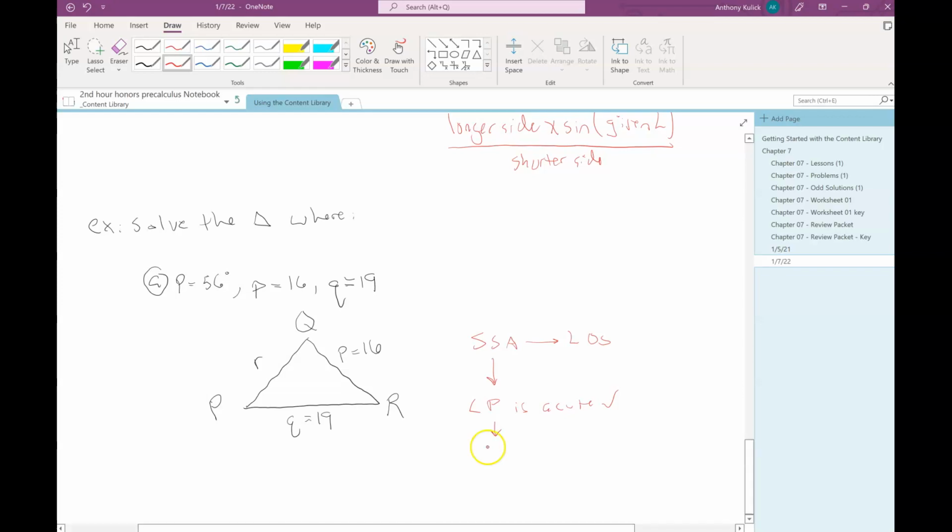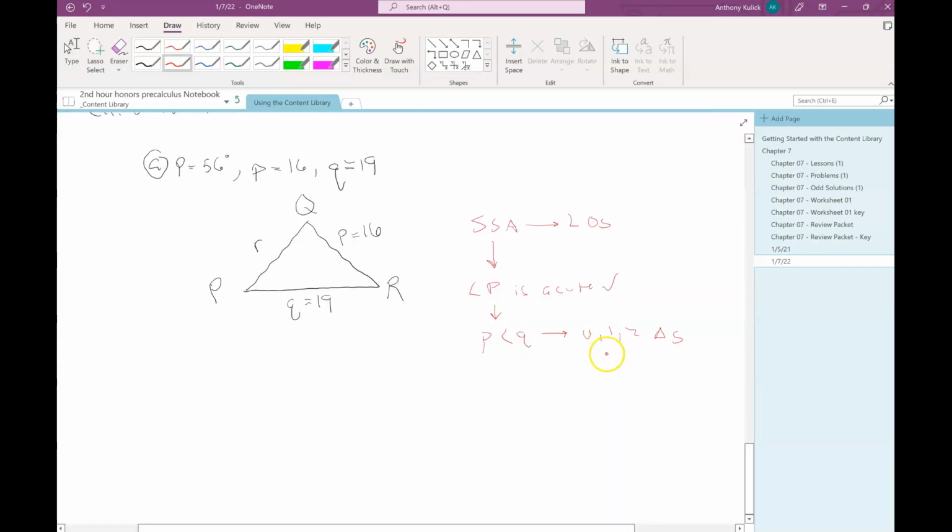The side opposite P, is that the bigger or the smaller? The side opposite the angle that we're given. That's smaller, right? So this is that yucky situation where we can get 0, 1, or 2 triangles. Everybody's cool with how we analyze that?